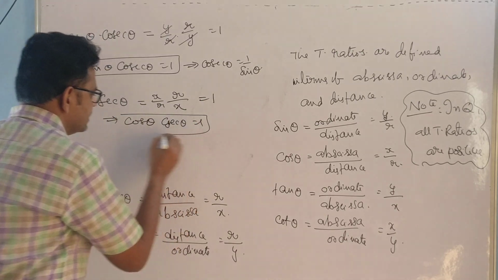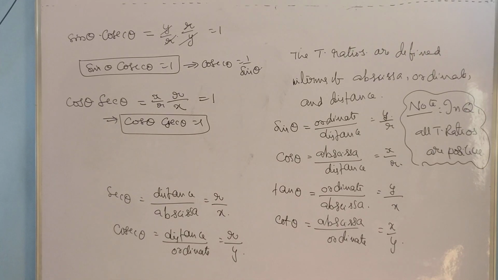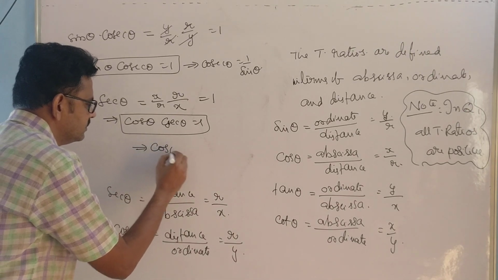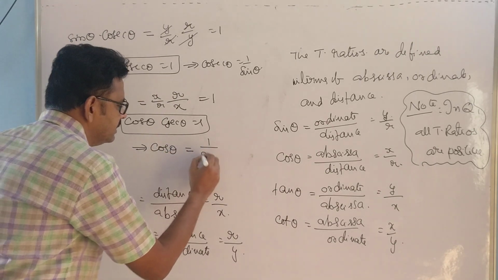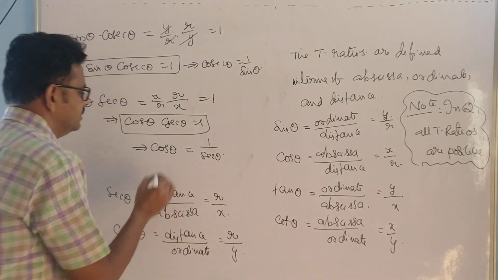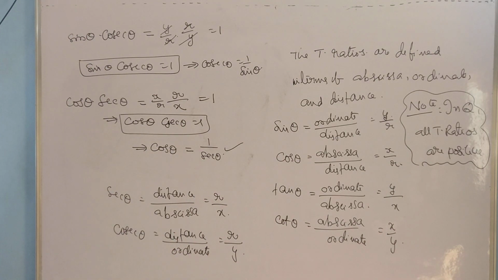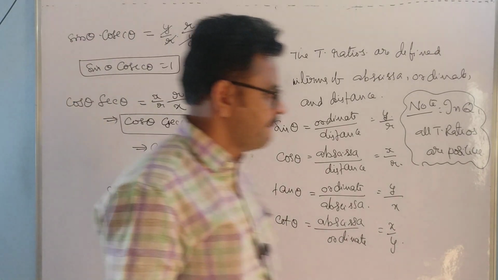This is one relation, which implies cos theta is 1 by secant theta.